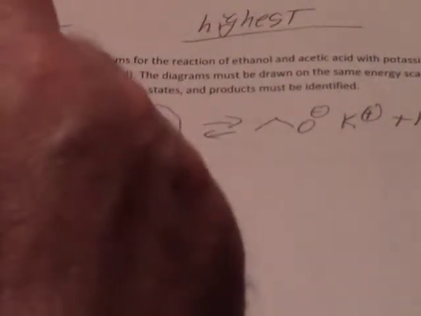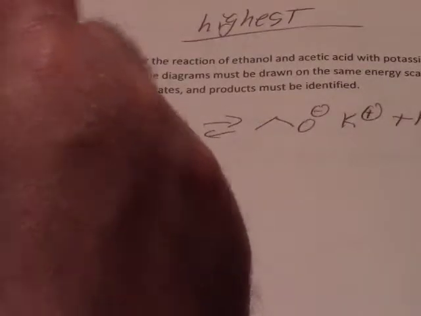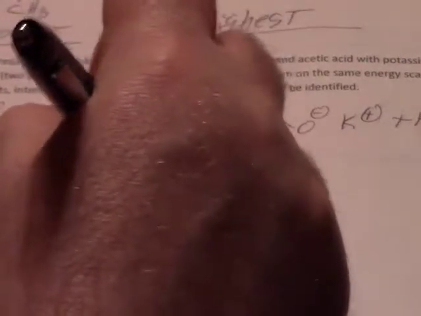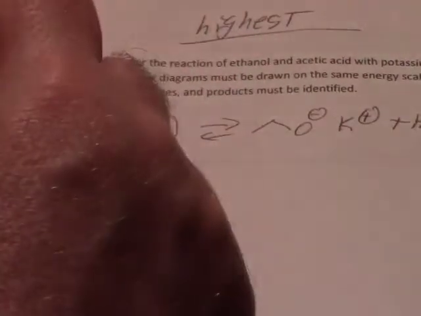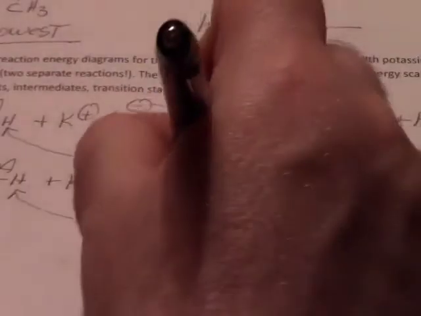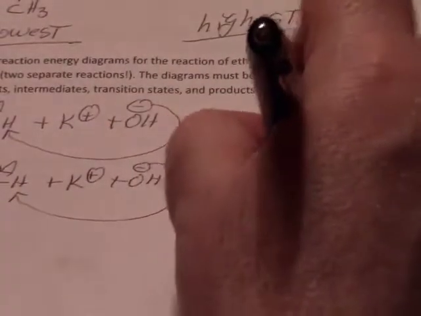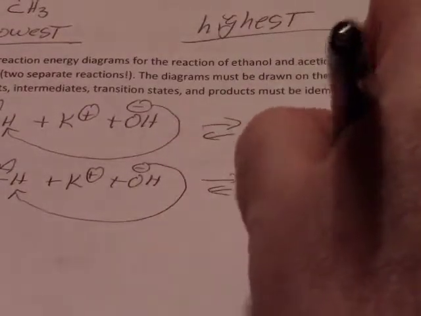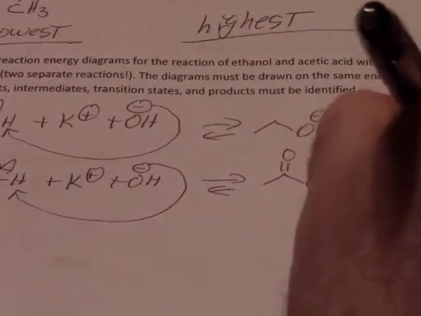The reaction actually lies to the left here because of the pKa differences. However, if we look at acetic acid, again with potassium hydroxide, we're going to get a reaction that allows us to form potassium acetate and water.